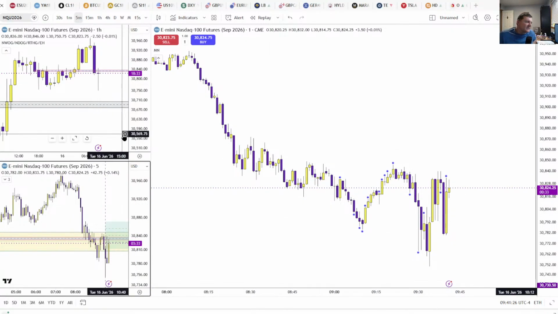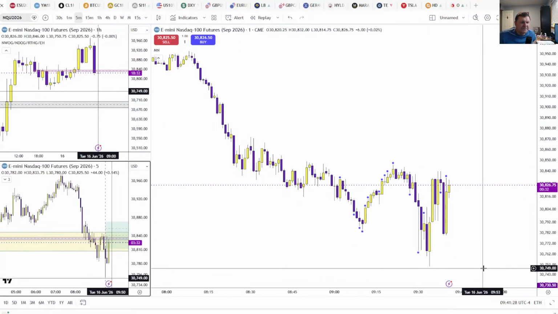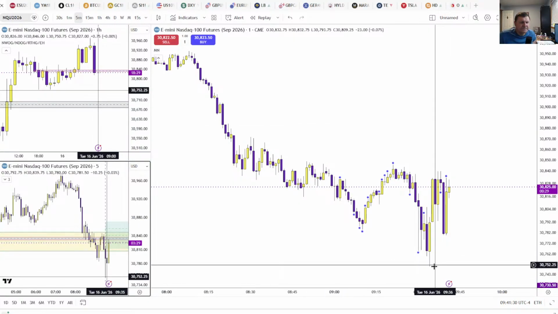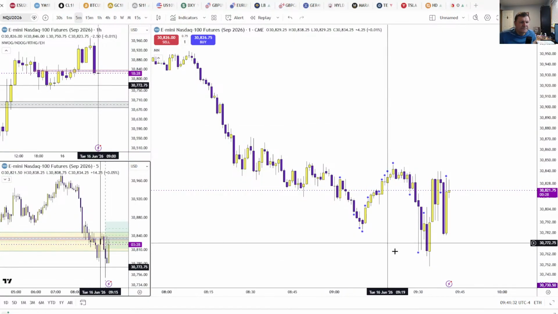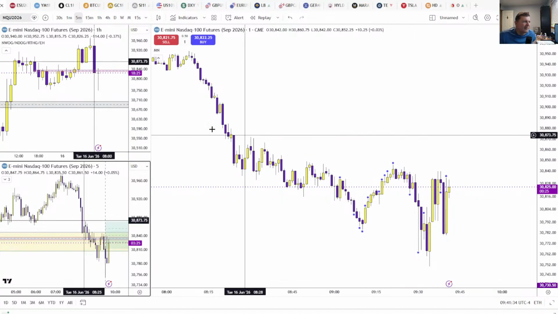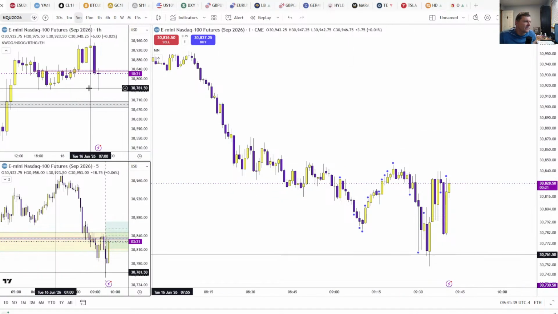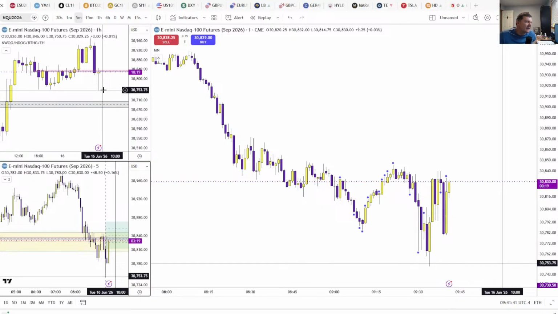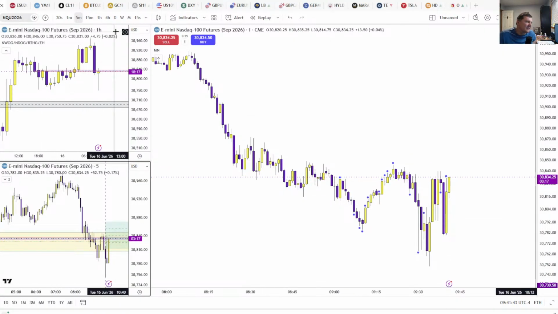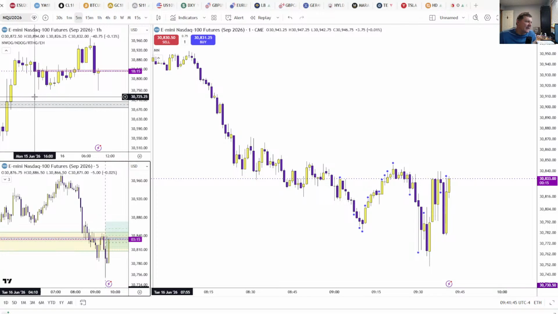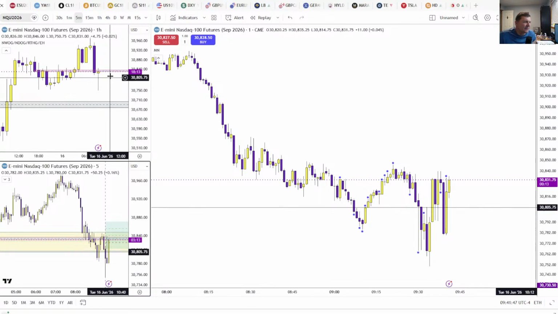Gotta wait. This is all just chopping around here again now. Got to see a break above this if you want to see it go higher. We've had the low just dipped below here. So you're back inside this small little leg here, and we're right near the middle of it.